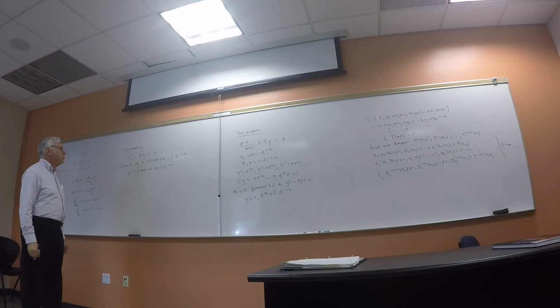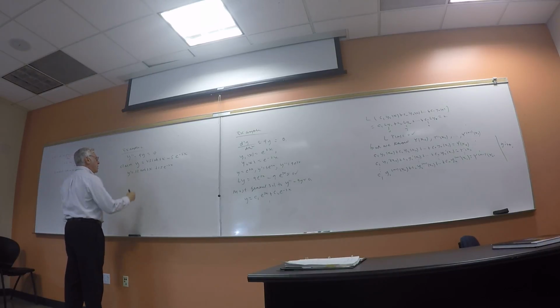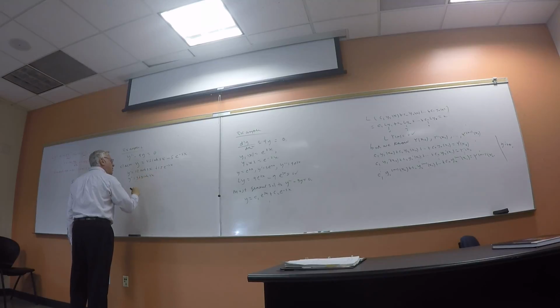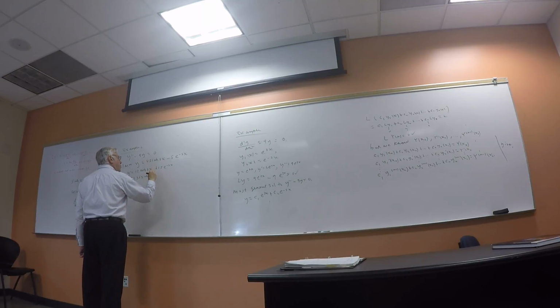I hope people are checking me so I don't make a mistake. Then one more derivative: cosh becomes sinh, with the 3 again, so it's 36 times the hyperbolic sine of 3x, and I pick up a minus 45 e to the minus 3x.